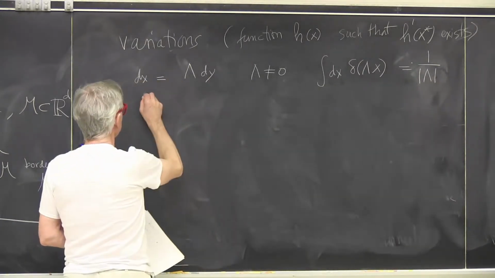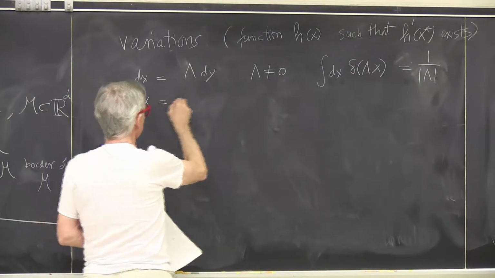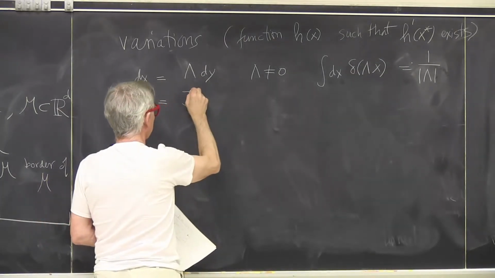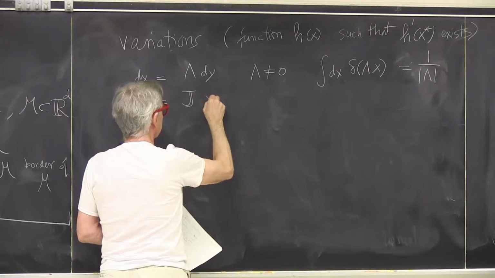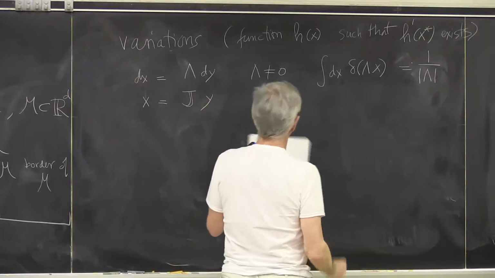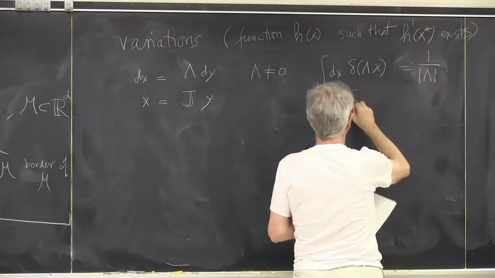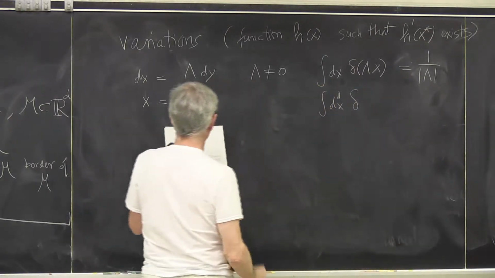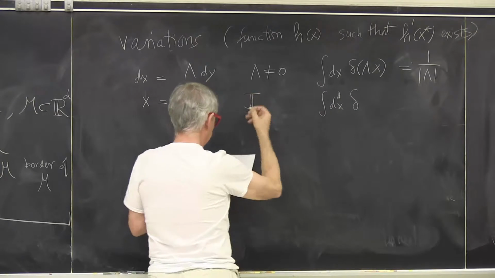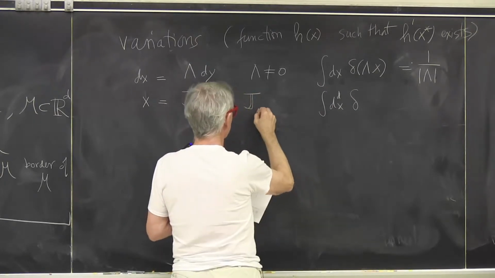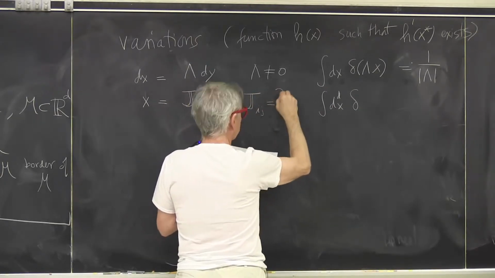Now, if you do this in d dimensions, you can imagine there is a linear transformation of the coordinates. And in that case, the integral dx over the d coordinates is, in this linear case, obviously just a Jacobian transformation.